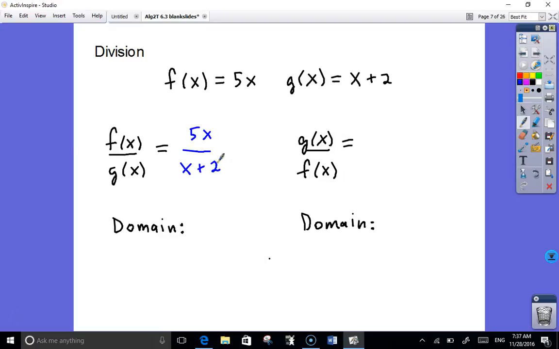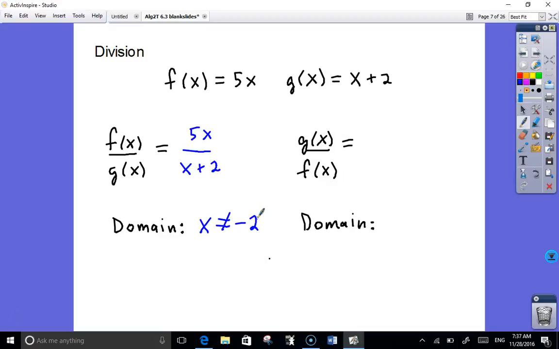Which is the one value of x that's going to make that denominator equal 0? Negative 2. So you have to say for the domain, x does not equal negative 2. It means it could be anything else, but it can't be negative 2, because if it was, you'd be dividing by 0.